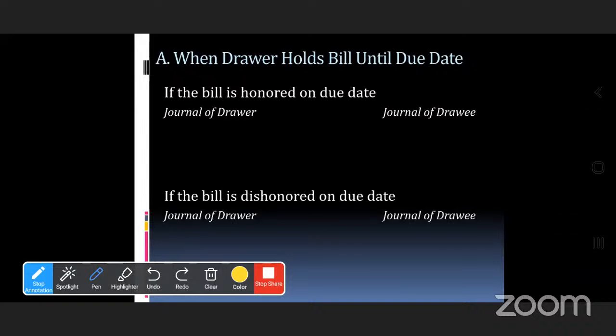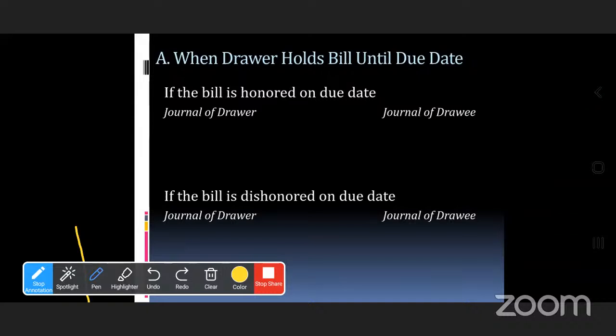Okay. So here, if the bill is honored on due date, when he keeps the bill till the due date, at the end, that is on the maturity date, the bill will get honored. So in the books of the drawer, we will have this entry.